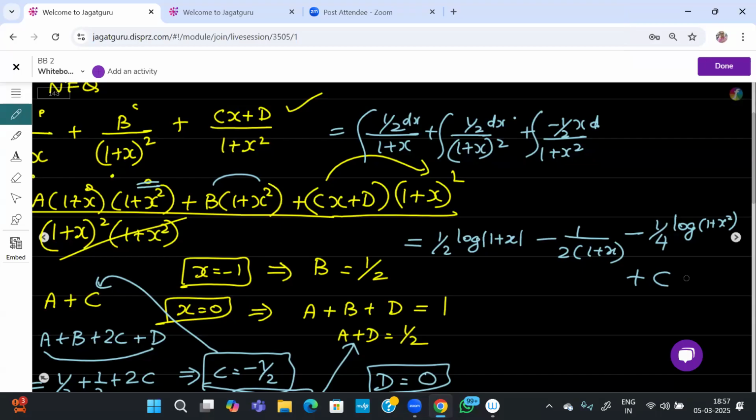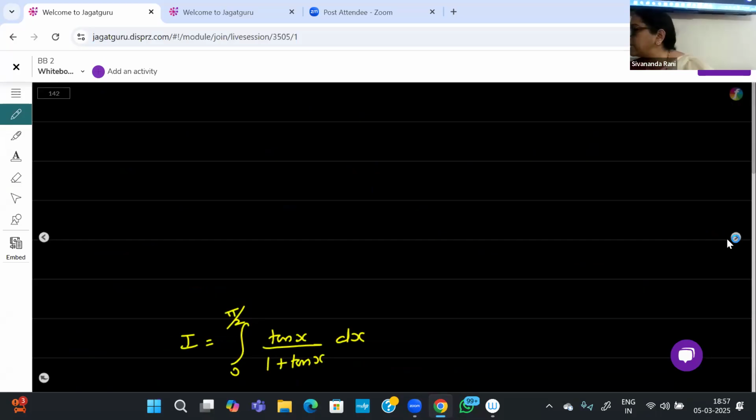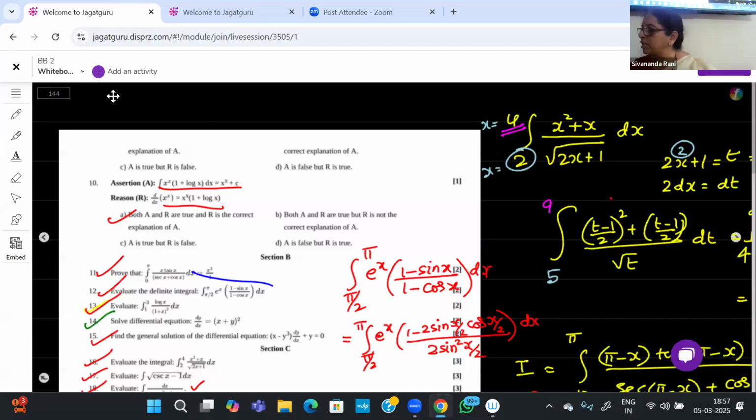Yes, ma'am, doing it. I think I made a mistake in the middle or something. So determining these constants, many of you do brilliantly in your test also, I've seen. So I'm not worried actually.